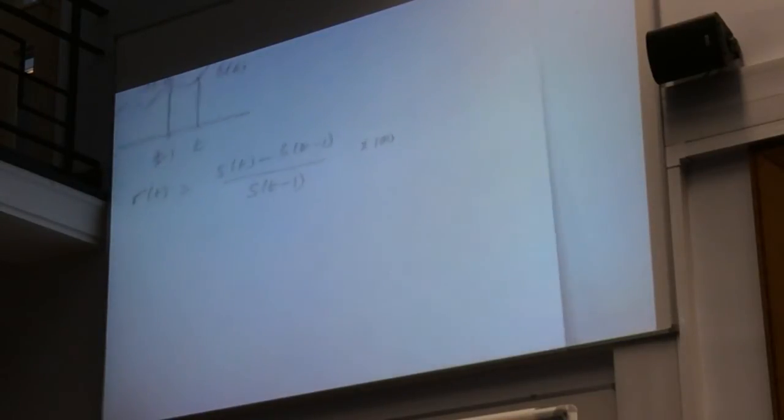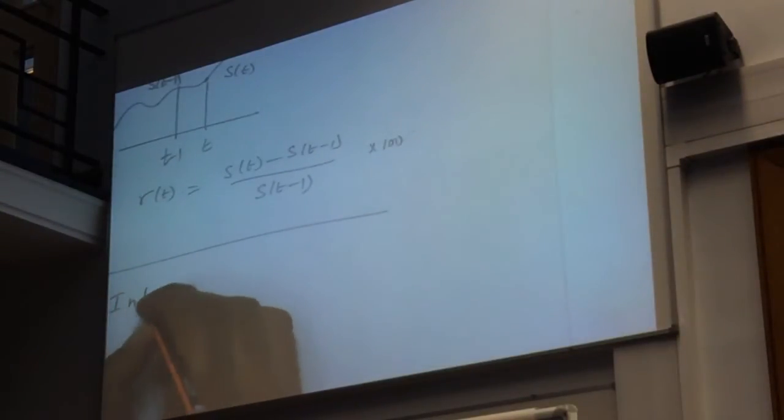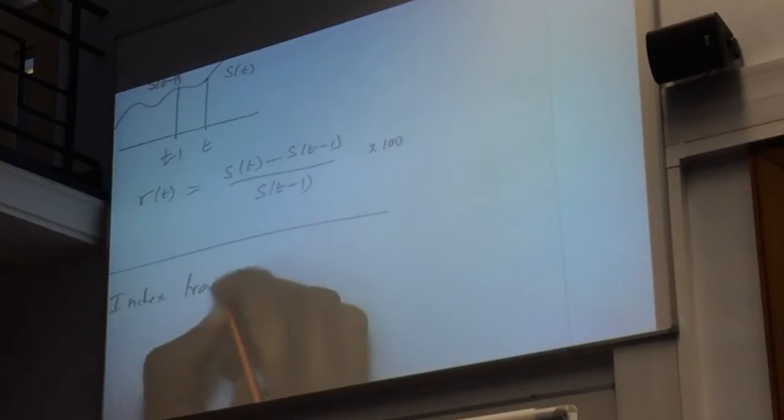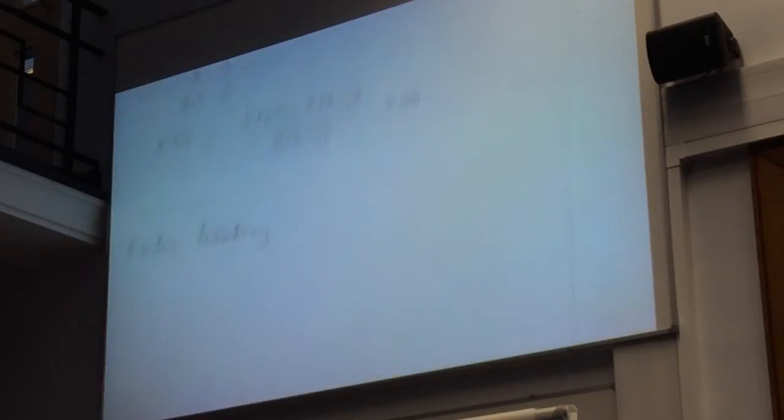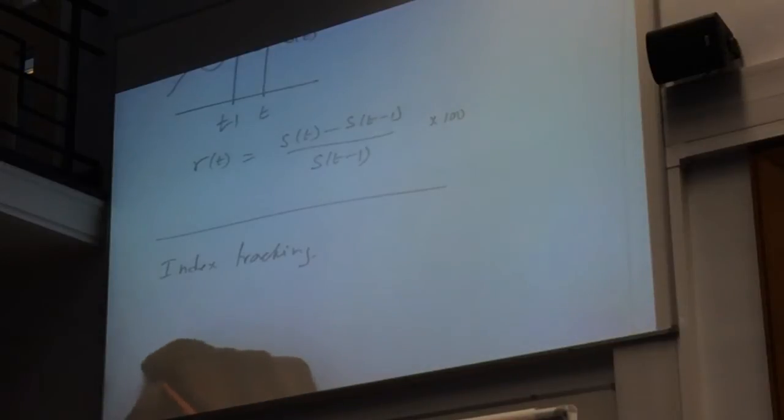The second point you need to be aware of is when you do the index tracking, okay, so we have the index, those levels, yeah, or the return on the index. I'm going to match this as a weighted sum of a small subset of stocks I have.